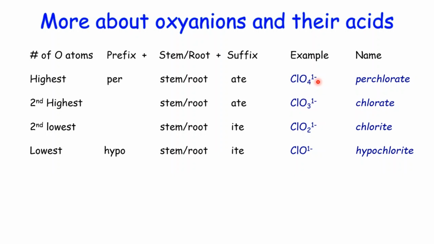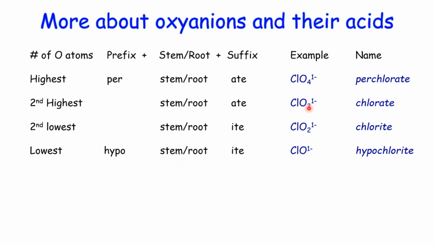That has one oxygen atom more than chlorate. And if it's one oxygen atom more than chlorate, we use the prefix per. That's why it's perchlorate.